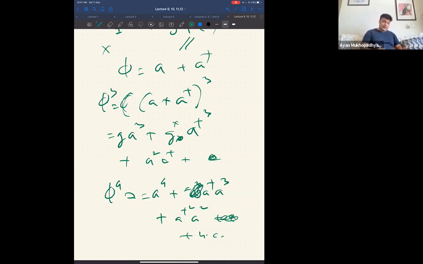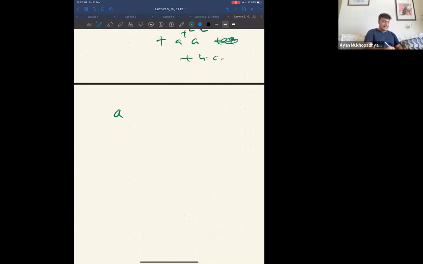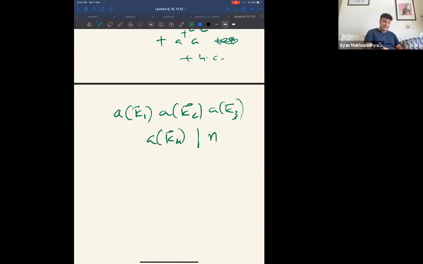Now you see that if I look at these individual terms like a to the power 4, it does not conserve the number of particles, because if I have a_k1 a_k2 a_k3 a_k4 acting on some |n_k> state, what is going to happen? It is going to lower the number of particles at k4 mode by 1, k3 mode by 1, k2 mode by 1, and k1 mode by 1.